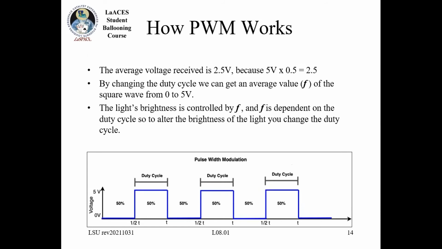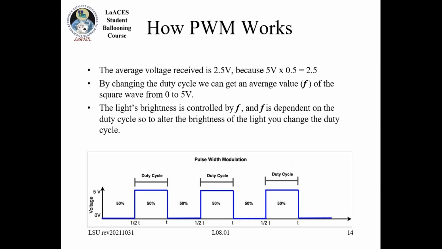So like I said, I can basically average the voltage value over the entire signal to get an average voltage, right? If I want an output of 2.5 volts on average, and my positive value is 2.5, I just turn it on for 50% of the time.